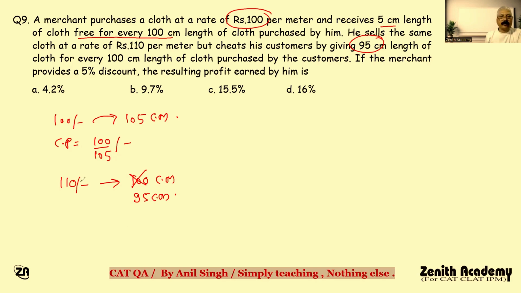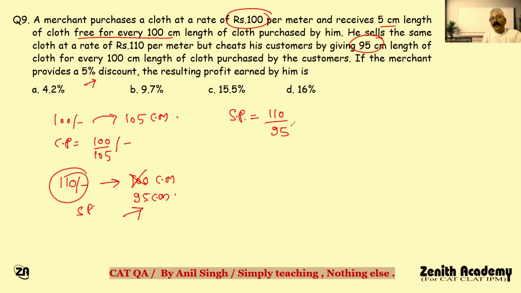This is the selling price for 95 centimeter. And here he is also giving a 5% discount. So the selling price will be 110 divided by 95 centimeter, for 1 centimeter.